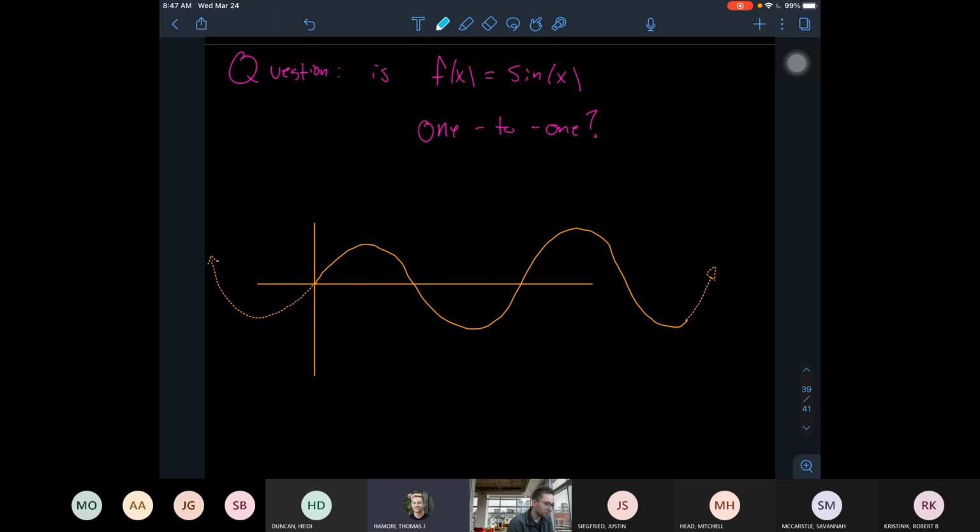Sam says maybe because it's periodic, it might be one-to-one. I don't believe we stated yet any relationship between periodic functions and one-to-oneness. So I'm not sure that argument gives anything to us straight away.